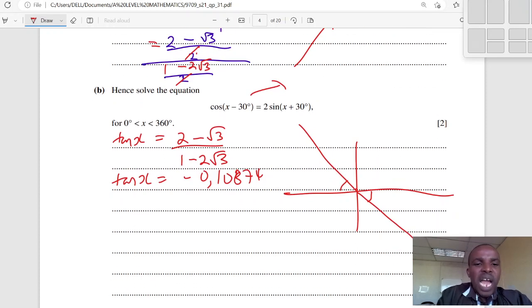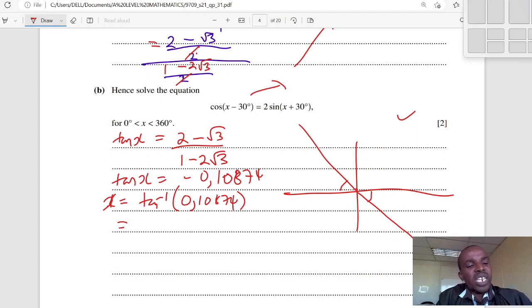So for my PV, x equals arctan of 0.10874. You don't have to put the negative when punching in your calculator. The negative will be on the quadrant, which quadrant your solution is lying in.